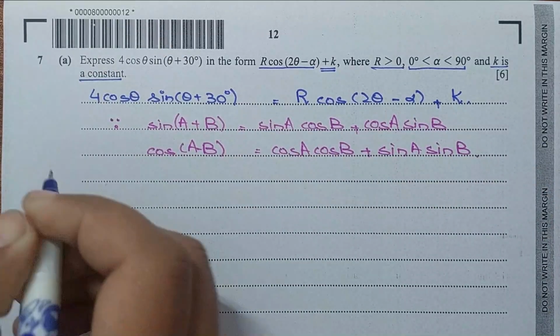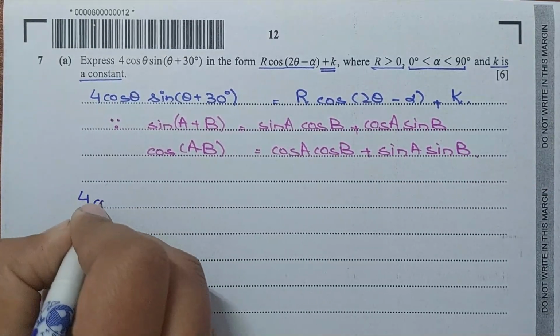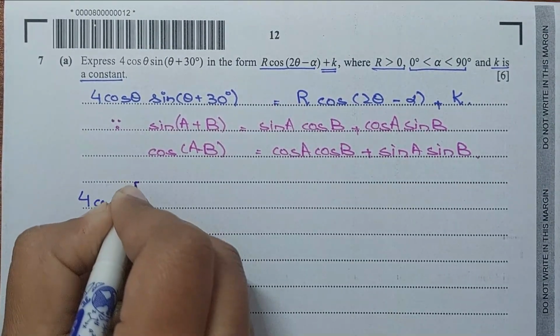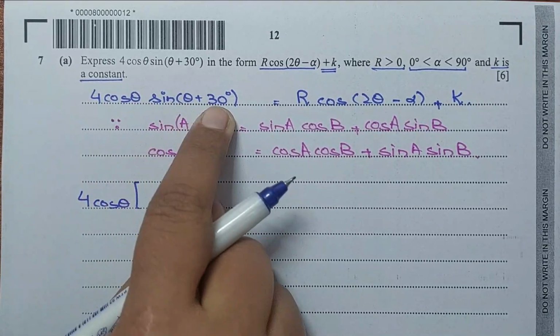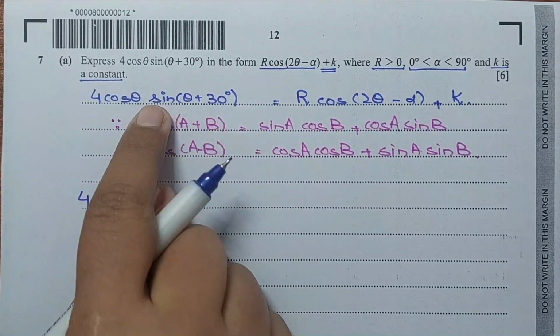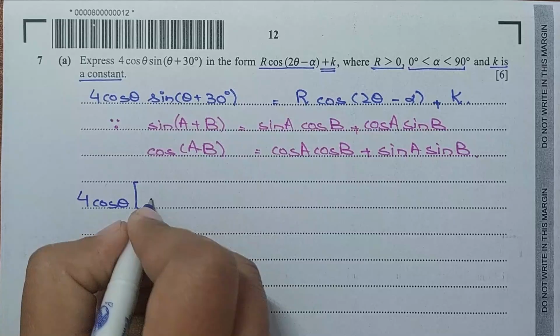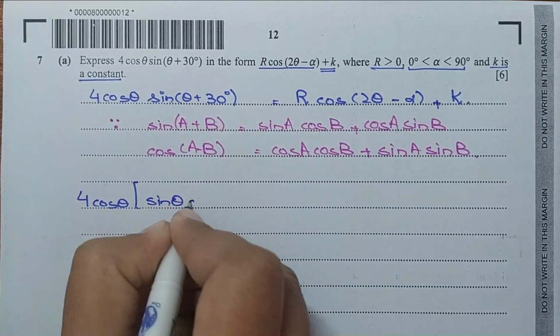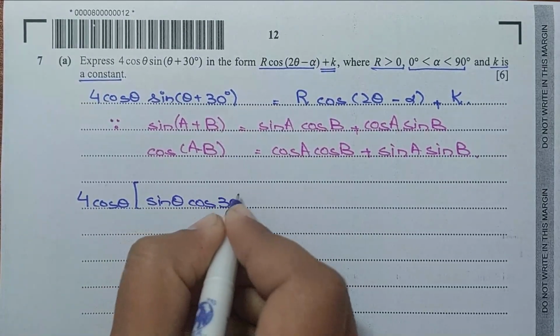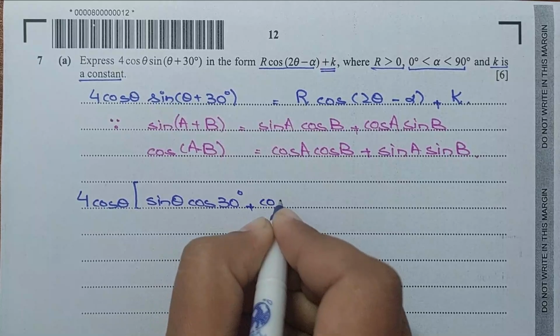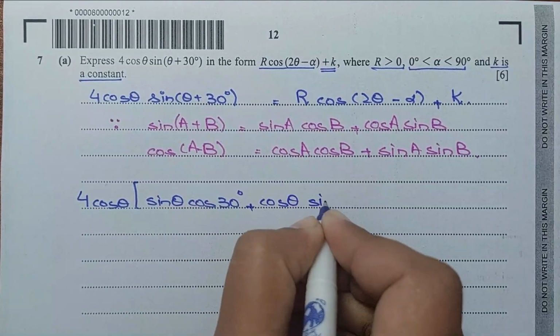Okay, let me open these two formulas. 4 cos theta is as it is. Sine(theta plus 30 degrees), sine a plus b: sine a cos b, sine theta cos 30, plus cos theta sine 30.